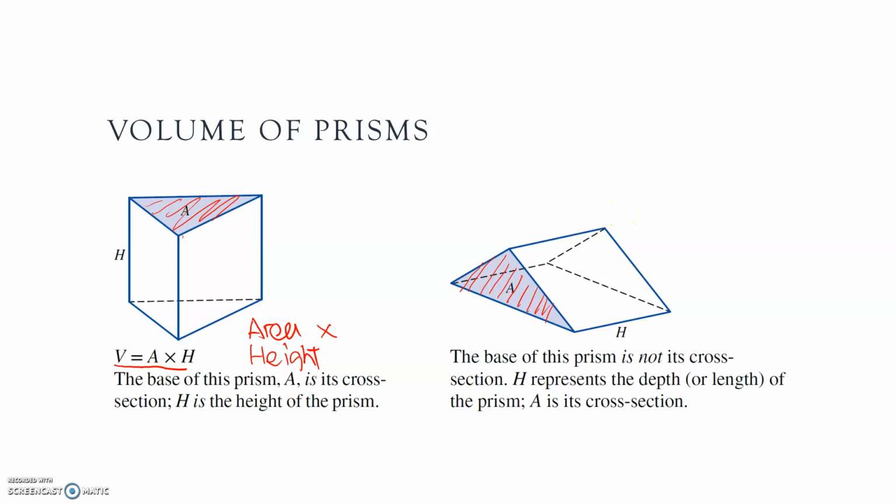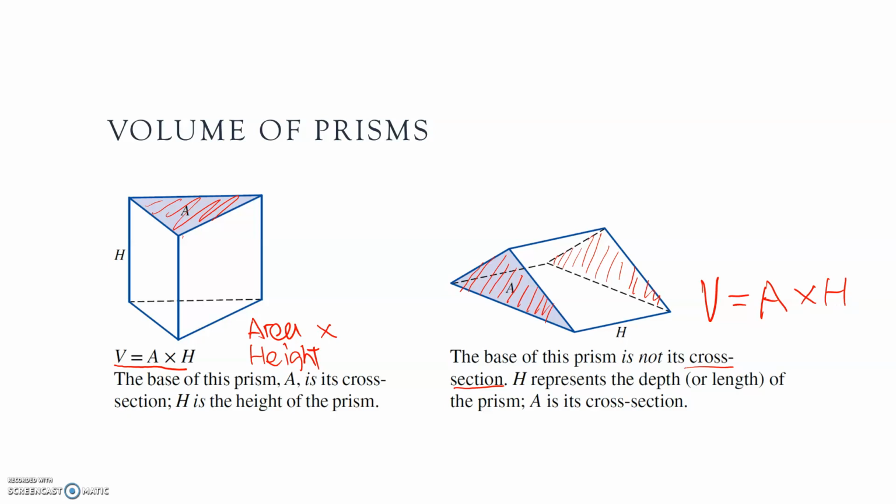So it's not a prism in this way. The cross section should be the triangles because we have a triangle on the left hand side, we have a triangle on the right hand side. This triangle is called the cross section. So therefore, again, the volume will be equal to the area times the height.